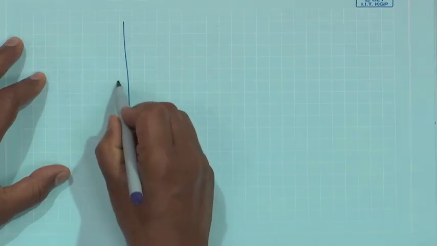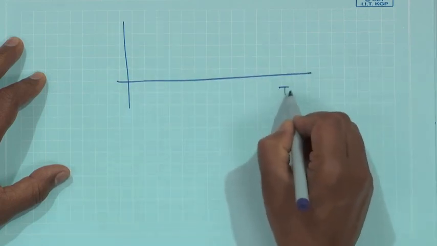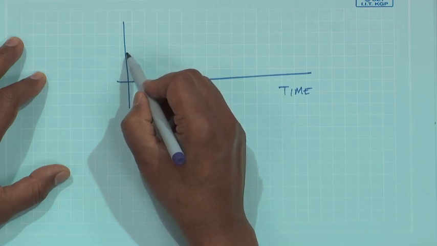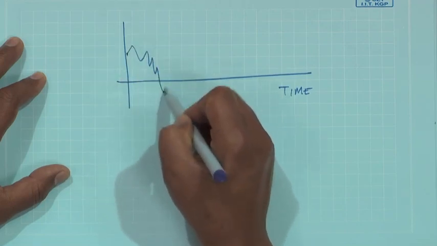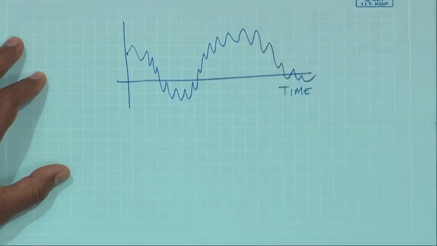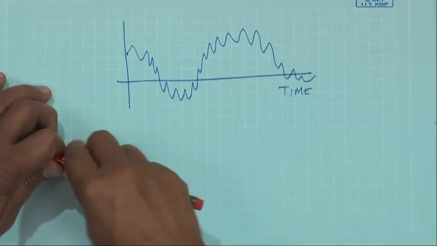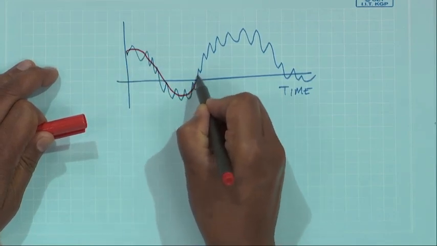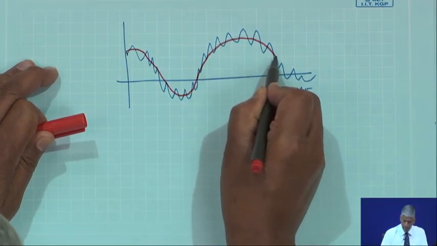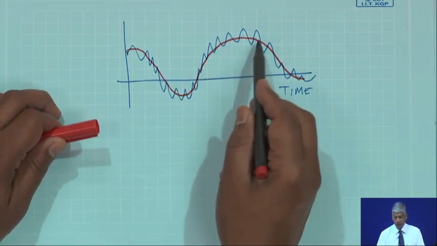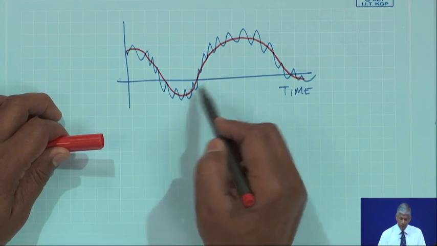You will recall that I was mentioning in my earlier class that certain signals may have certain noise in it. For example, my actual signal is this red line, but the way I have measured it, this blue line is riding on it.